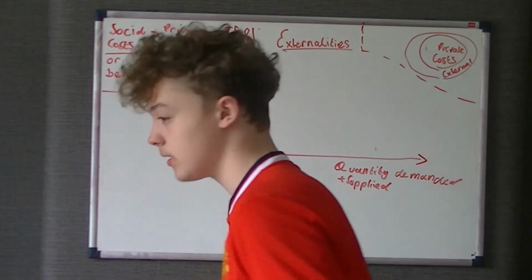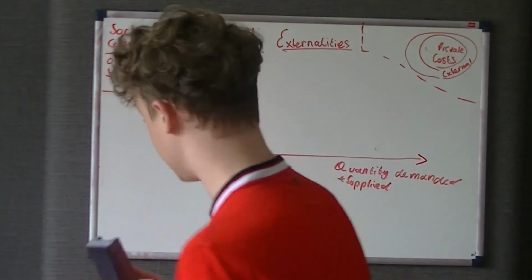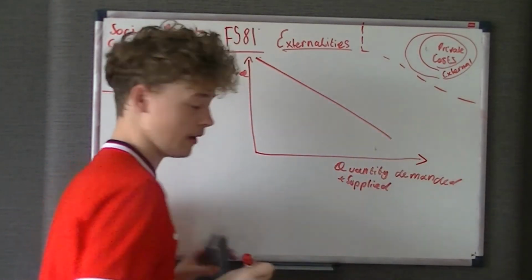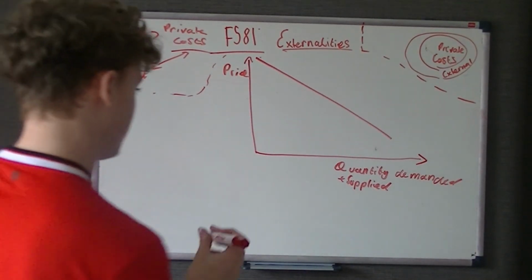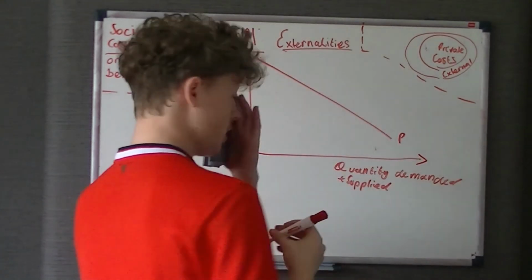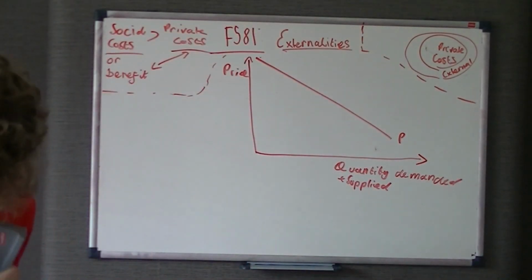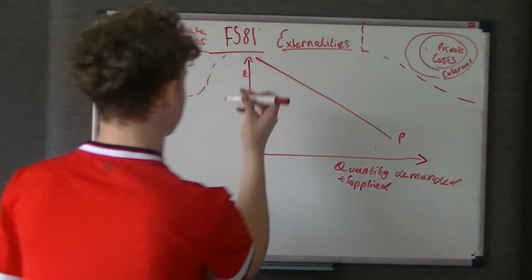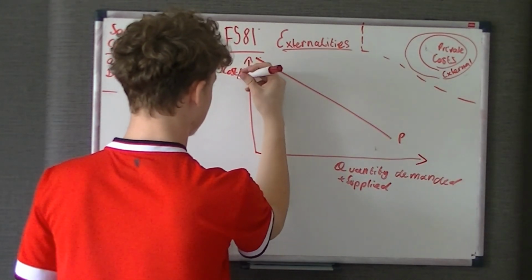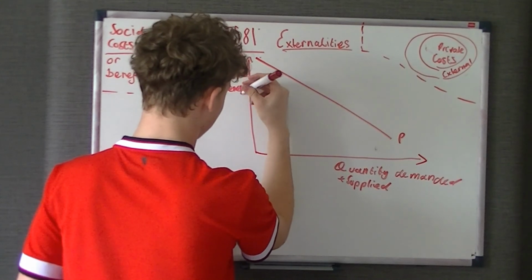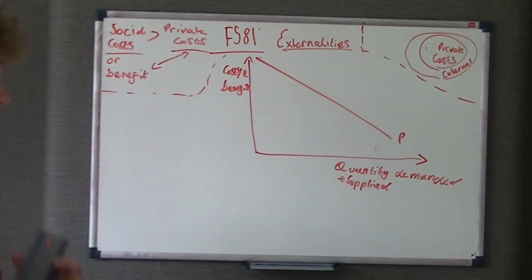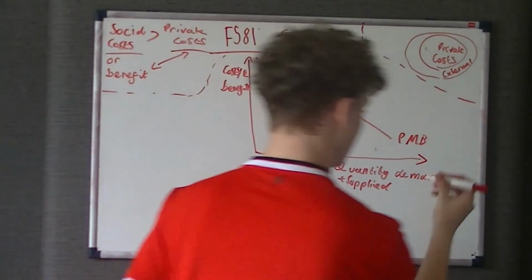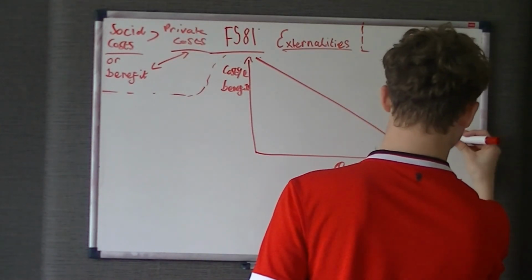So hopefully that has explained why we have a downward sloping curve here. The axis should be cost and benefits, sorry, not price. So cost and benefits, and your PMB. This is the private marginal benefit, and I'm just going to quickly label it: PMB equals SMB.